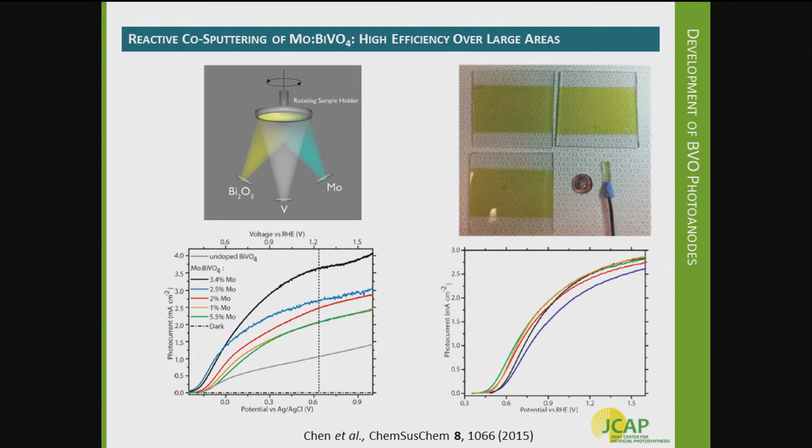We can do this over 10 by 10 square centimeters, and the functionality of the material is very homogeneous across those 10 by 10 square centimeters, as well as between different batches. Here on the bottom right is shown photocurrent density as a function of applied electrochemical potential for 5 independent deposition runs, where we see highly reproducible characteristics.